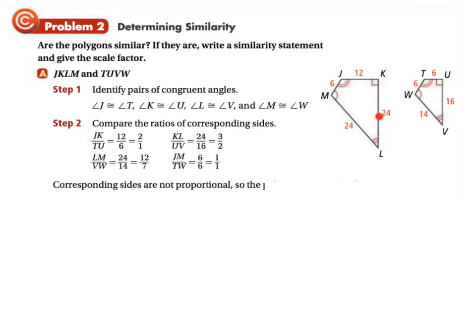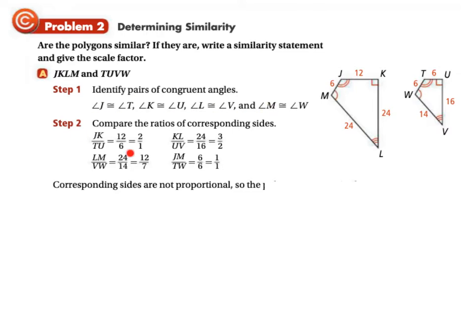If you have J, K, L, M like that, and they have T, U, V, W. Yeah, they do line up like that, okay? Just happens to be that they do. But anytime it's not written with that similarity symbol, then you don't want to assume that those are all vertices in the correct position, because only a similarity statement will show it in the correct position. This is just naming the two figures, okay?